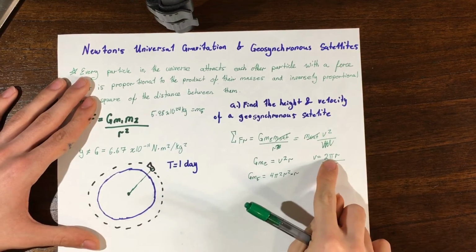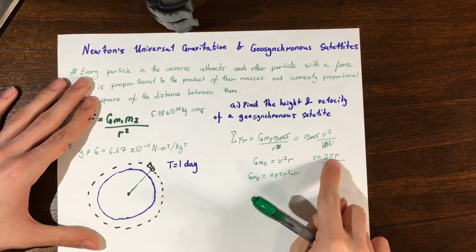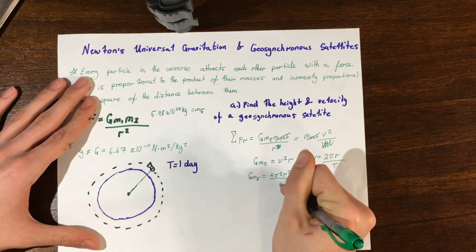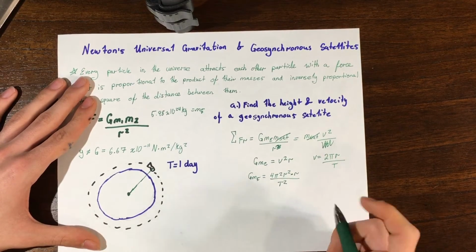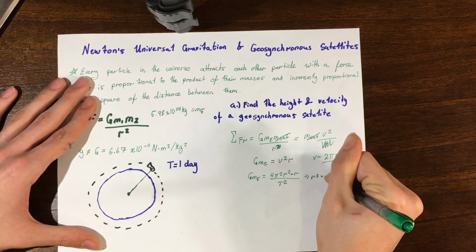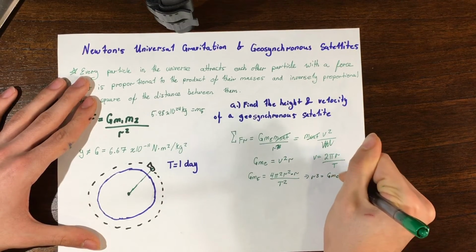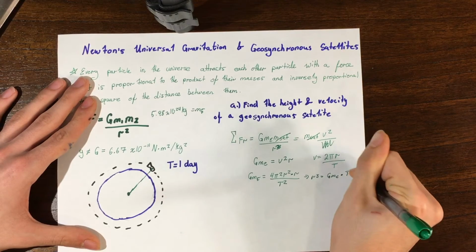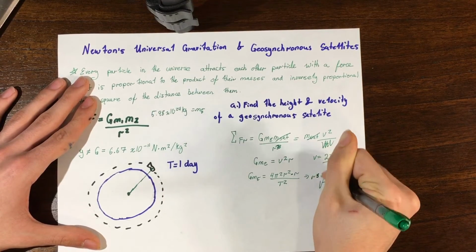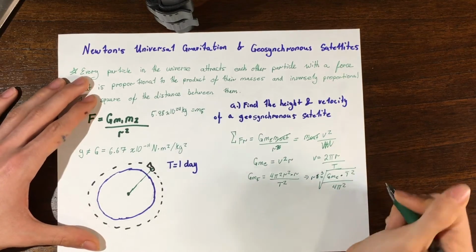I just squared 2 pi r, which gives 4 pi squared r squared. And so then you get r cubed is equal to G M_E times T squared over 4 pi squared, and you can take the cube root of that to find the radius.